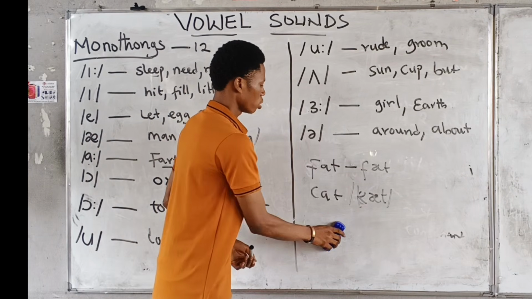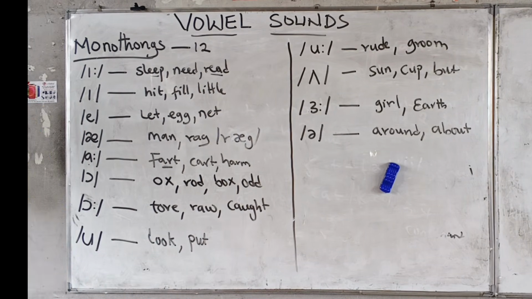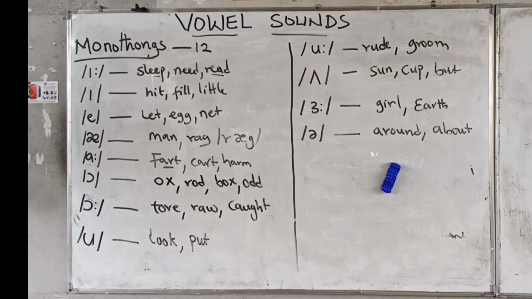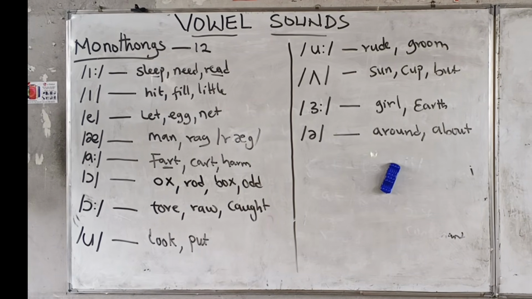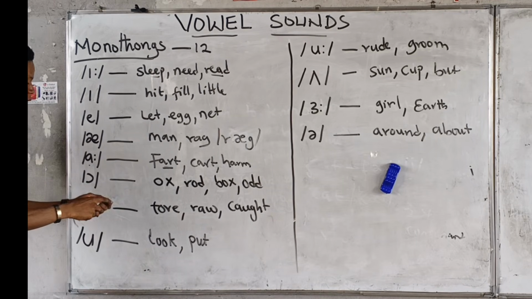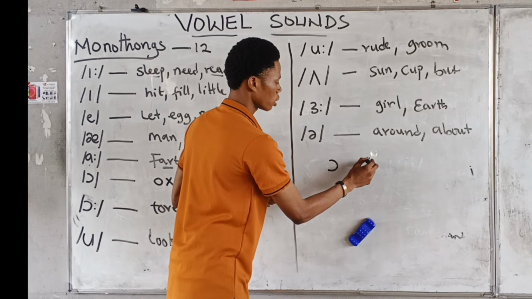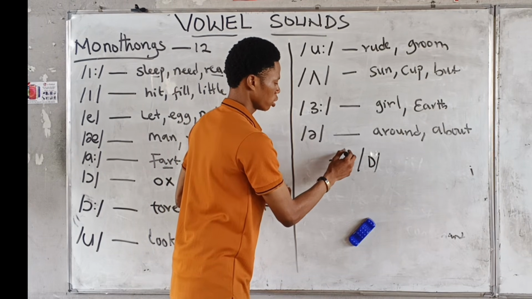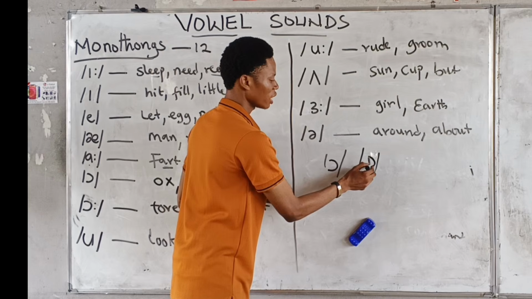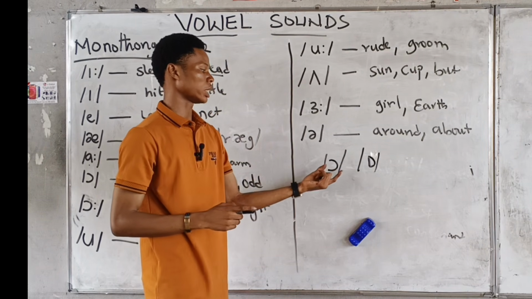All right. Next one. Now the next one is, pronounce this for me. This is O short. Another way they write this, apart from the inverted C, you can also see it like this, like an inverted D. If you see it like this, not O, they are the same thing.